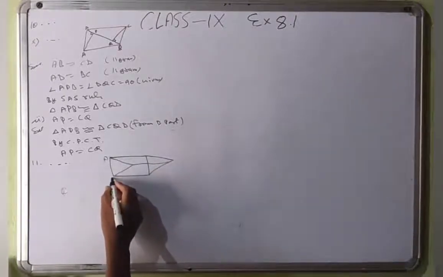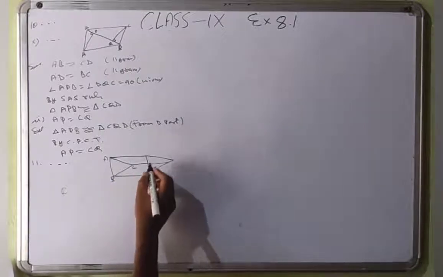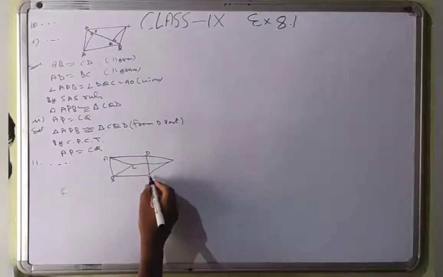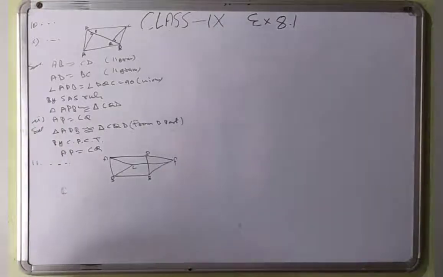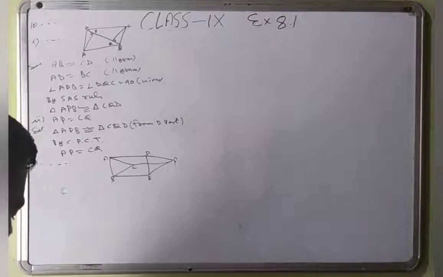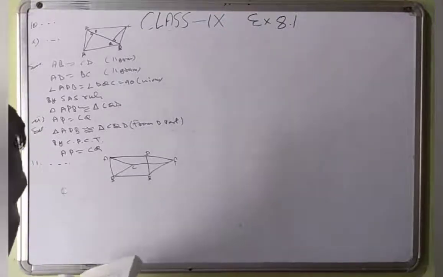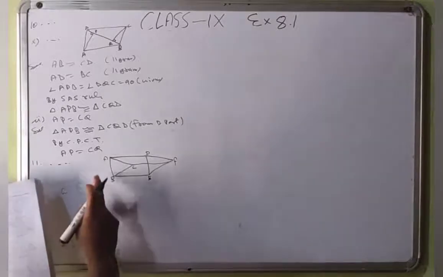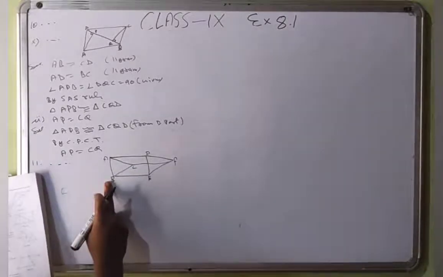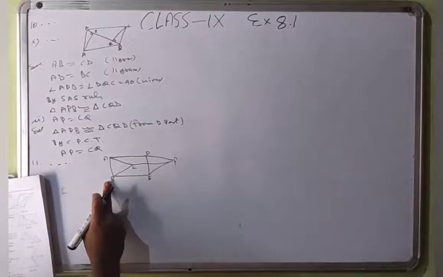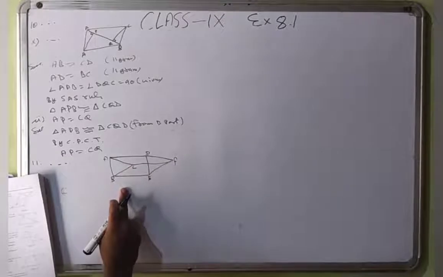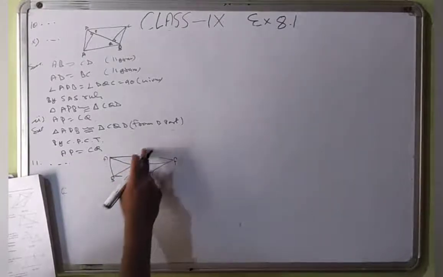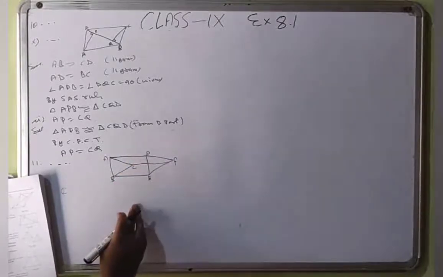So A, B, C, D, E, F. In triangles ABC and DEF, AB is equal to DE, so both are equal. AB is parallel to DE, so that is a parallelogram.